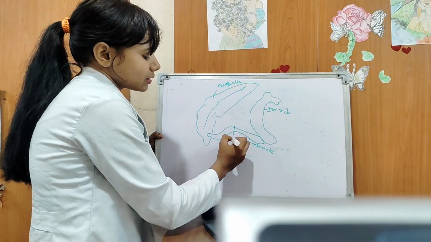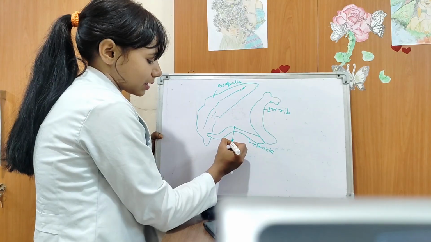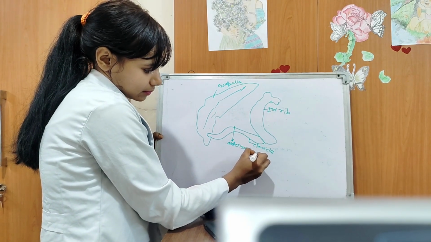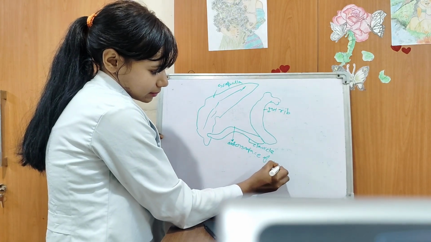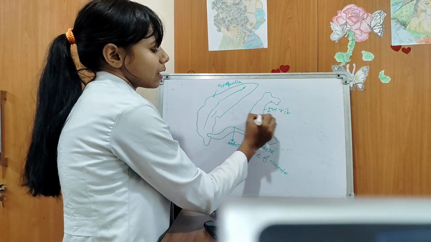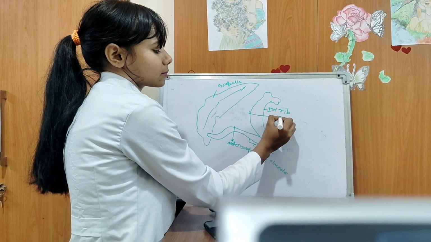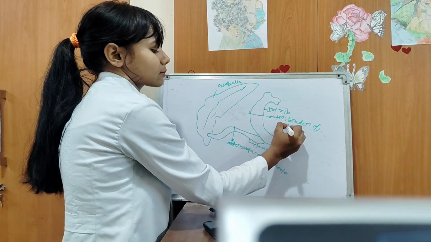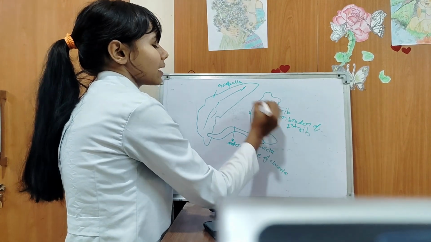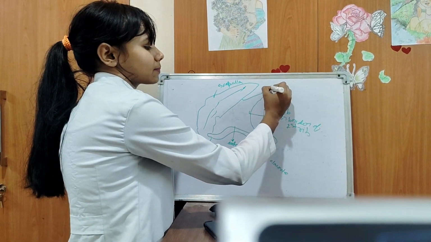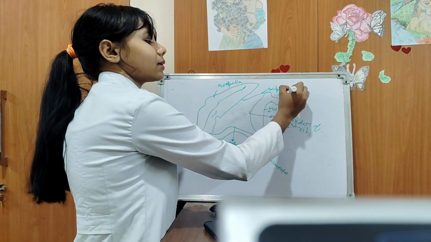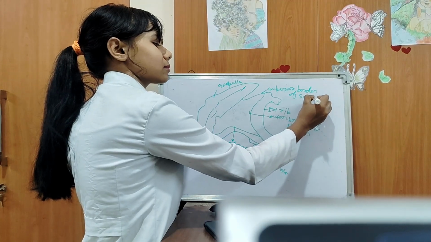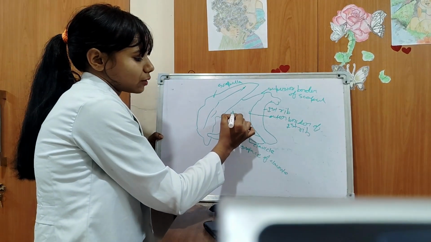This is the outer surface of clavicle, this is the outer border of first rib, and this is the superior border of scapula, and this is the apex of axilla.